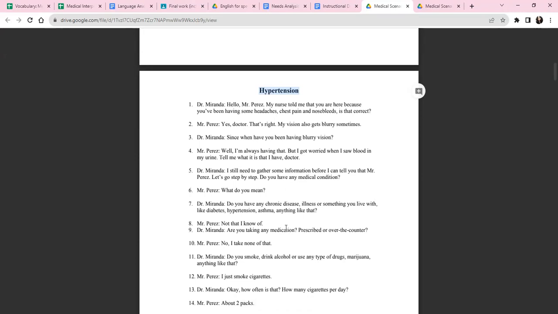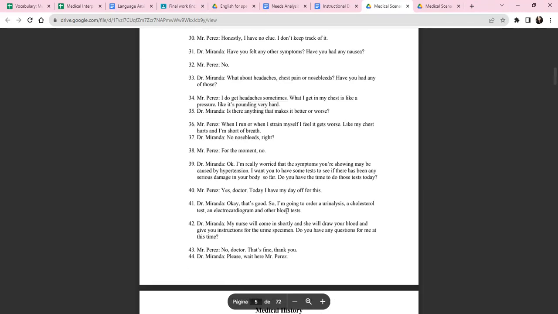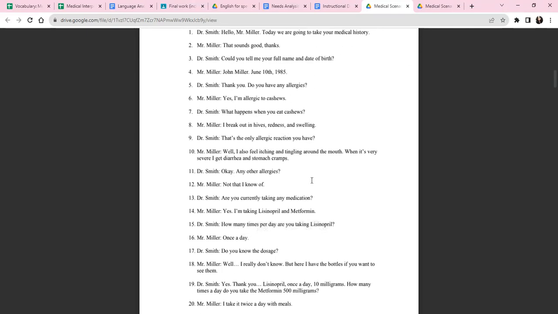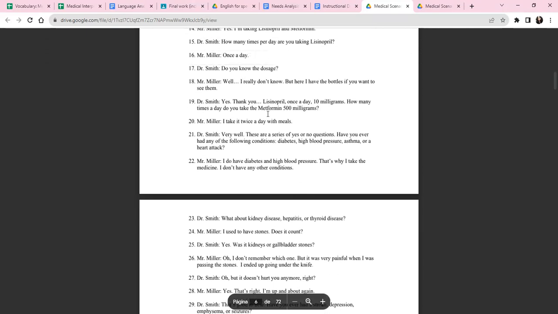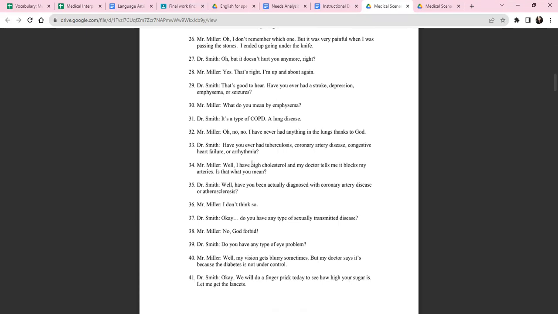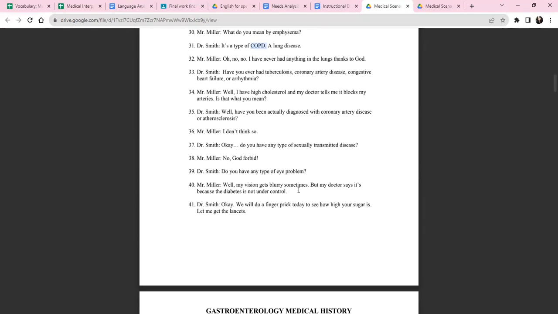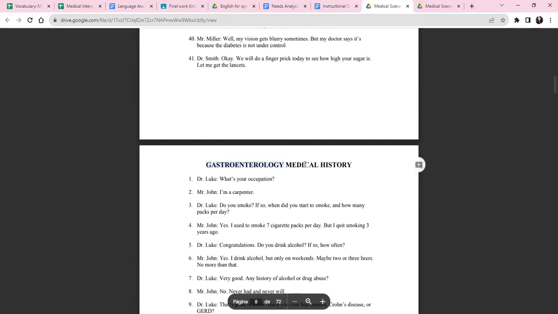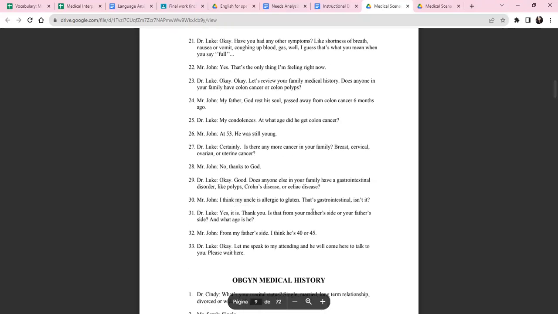Well, we have hypertension, then we're talking about medical history, then we have medications, and then other sicknesses, and then we have another thing over here, gastroenterology, medical history.